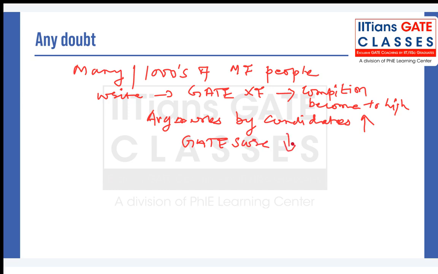Suppose you are getting 55 marks in Gate XC. What will be your Gate score? It will be only 500 to 600, due to this high average marks.